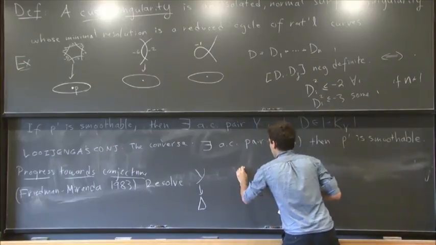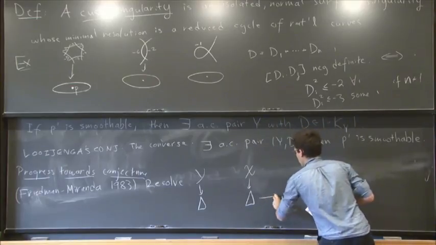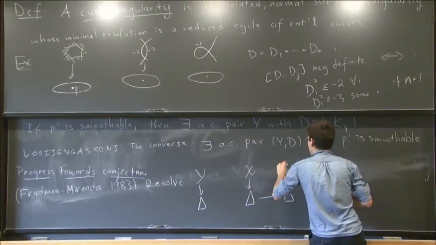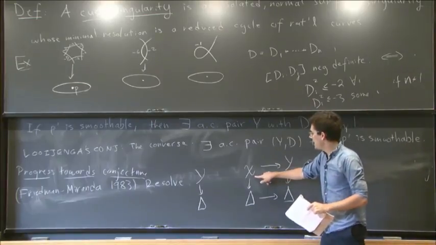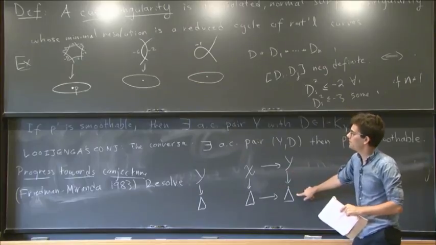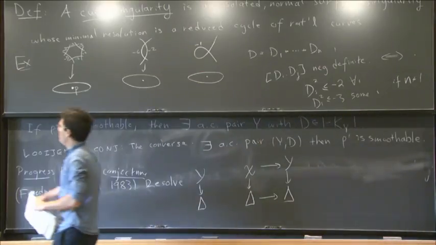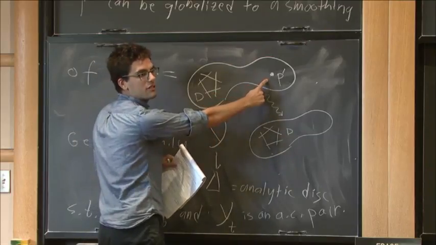The way to do that is to make some base changes, and after some base changes, you can produce a family X over delta, which is significantly nicer than our original family. Our original family had the partially contracted Hirzebruch-Jung surface as the central fiber.